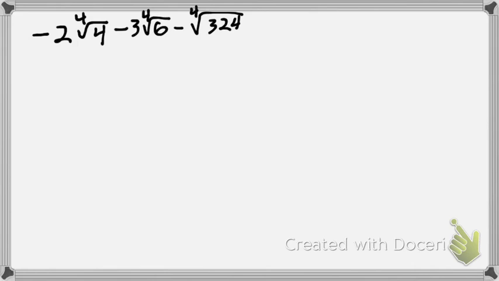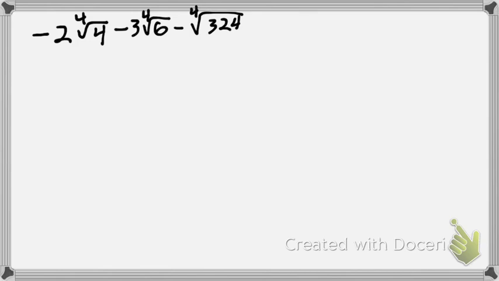So what I want to do is break apart that 324 to see if maybe I can rewrite it in a way that I would then be able to join it up with one of the other terms. There's no guarantee that this is going to happen, but in a problem, that's kind of what you're looking at.